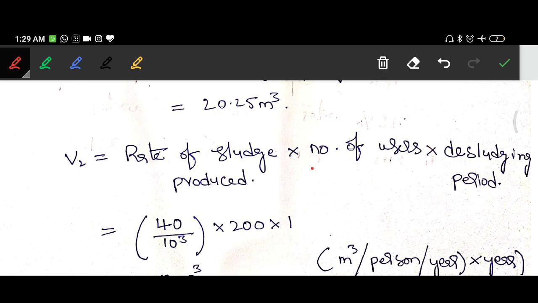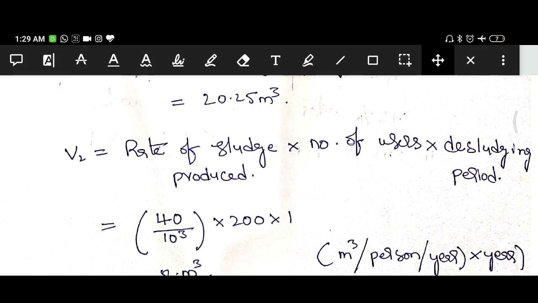The number of persons is given as 200, that is the number of people living in that particular colony, and the rate of sludge is 40 liters per head per year. We put the numericals here. To convert into meter cube, we divide by 10 to the power of 3, into 200 into 1.